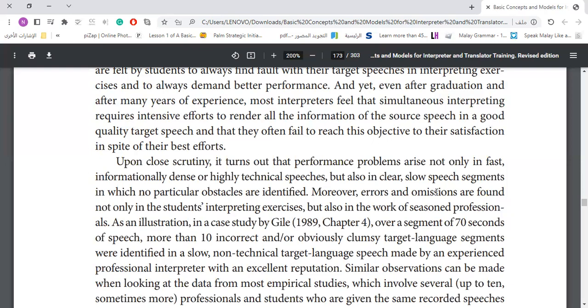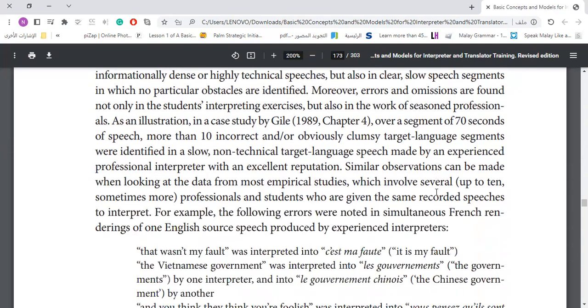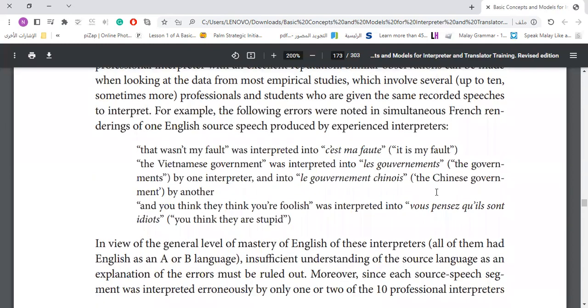Still, the interpreters did not provide a 100% perfect interpretation. So the author tries to explain the possibilities of why this happened.